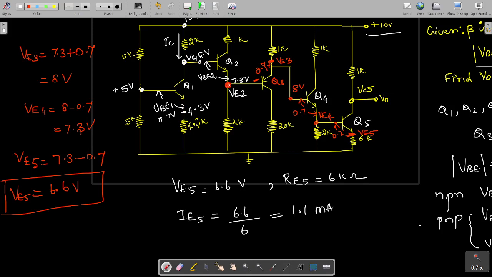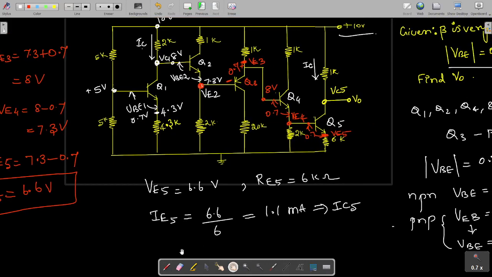So this is IE5. Once you know this IE5, this is nothing but your IC5 also, because we know that no base current will be flowing. So through this, this IC5 is flowing, that is equal to 1.1 milliamps.